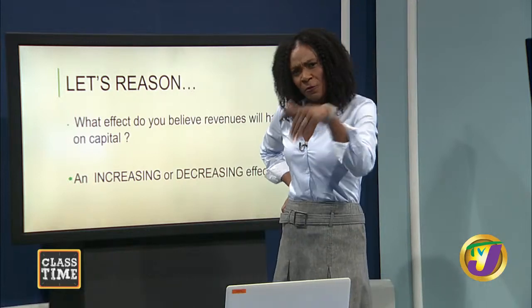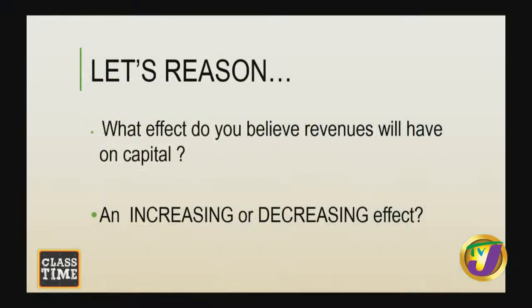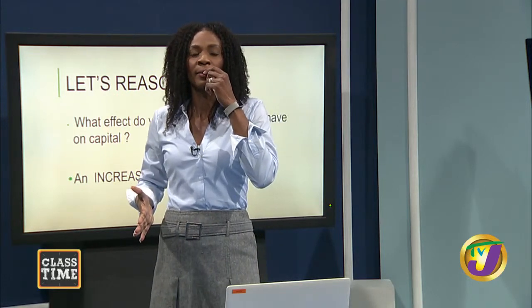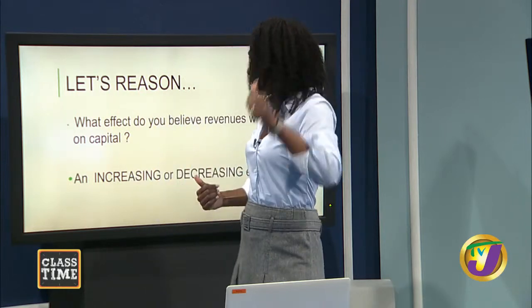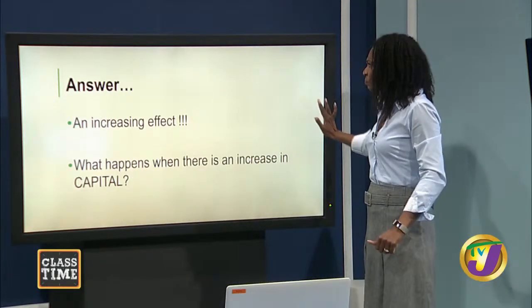The owner has invested money in his business, and he's also earning additional money. What type of effect do you think revenue is going to have on his capital? Will it have an increasing or a decreasing effect? Kimaya? It is going to have a what? Increasing effect, because the money is what? Coming in. Good. Boom. All right.